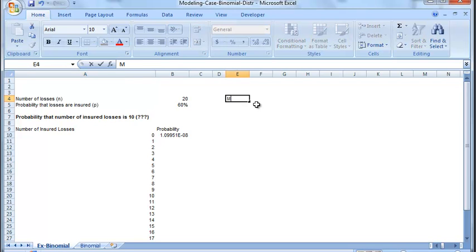We will also find the mean, n into p. Variance, n into p into 1 minus p.